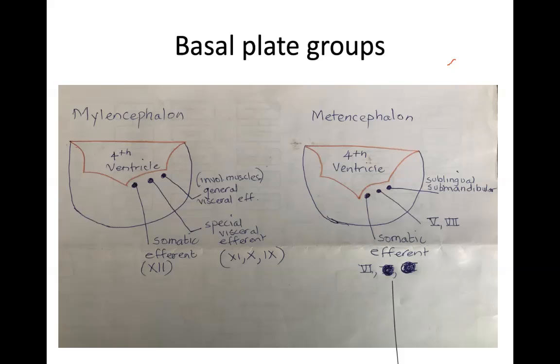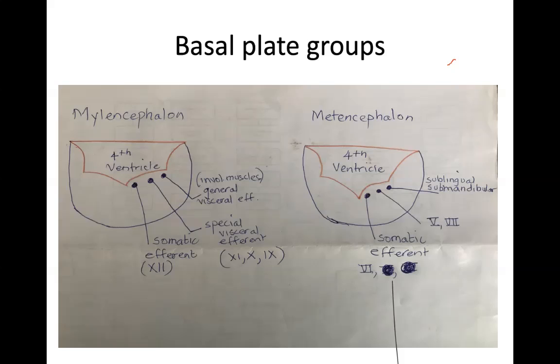So again, please, I'm going to repeat this for your understanding, that these three rounded ballpoint structures that you see are the three groups of the basal plate. In the medulla or the myelencephalon, the somatic efferent is going to give rise to the neurons of the 12th nerve.